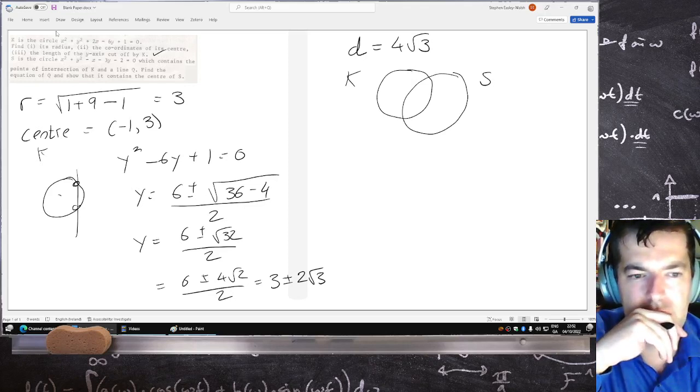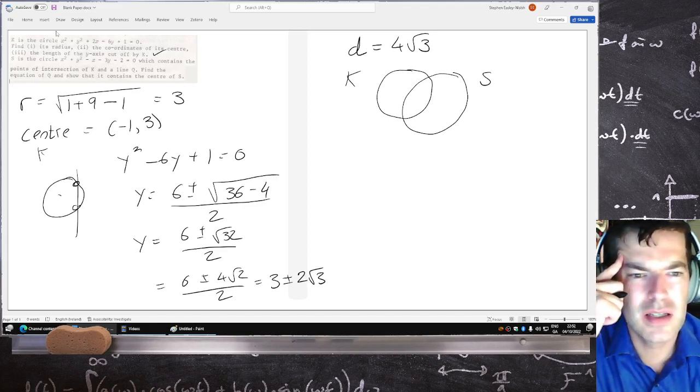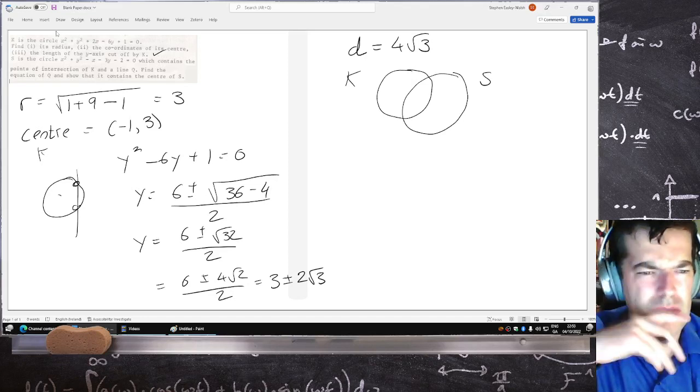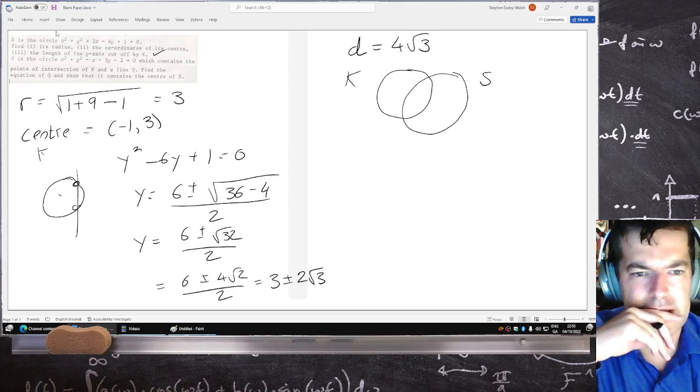Find the equation of Q, and show that it contains the center of S.